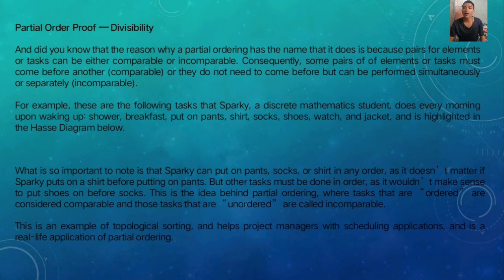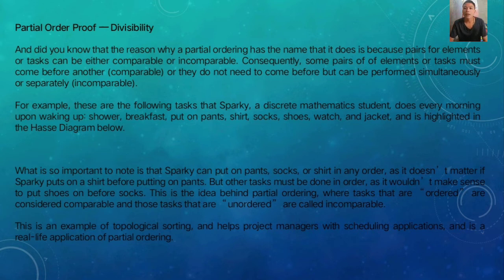The reason a partial ordering has the name that it does is because pairs of elements or tasks can be either comparable or incomparable. Consequently, some pairs of elements or tasks must come before another, which is comparable, or they do not need to come before but can be performed simultaneously or separately, which is incomparable.